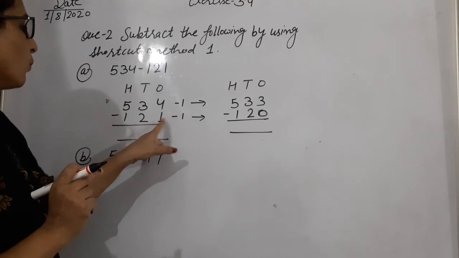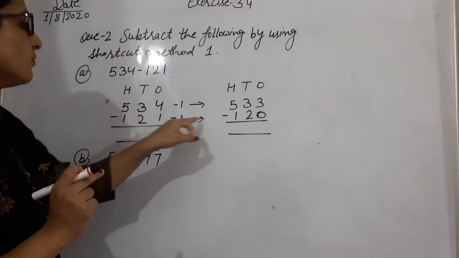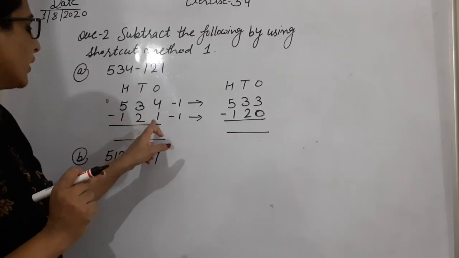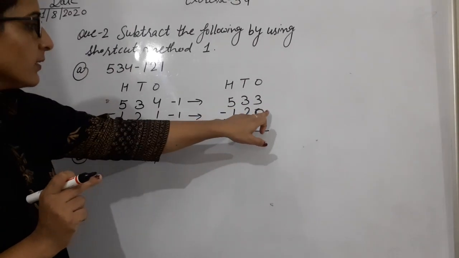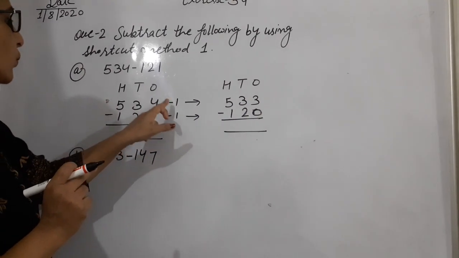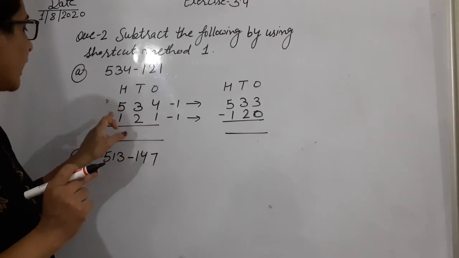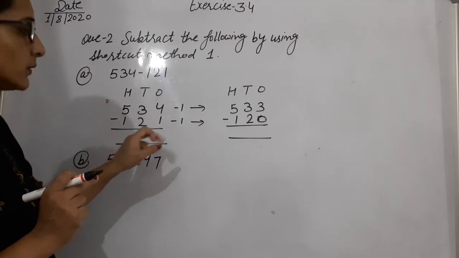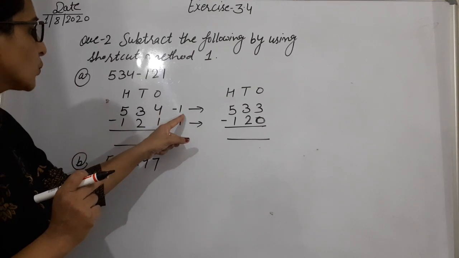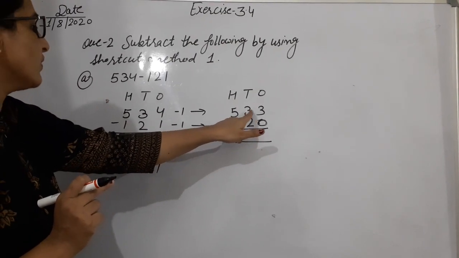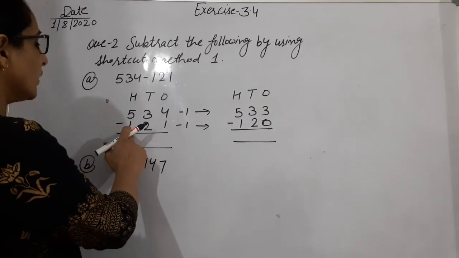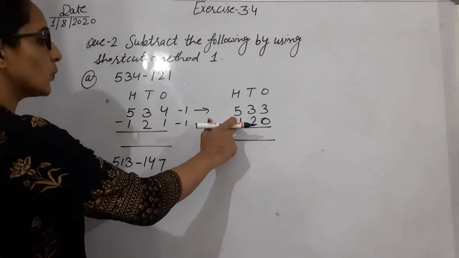By subtracting 1. If we subtract 1, we get 0 here. 121 minus 1, we get 0 here. So we subtract 1 from 534 and from 121. So 534 minus 1 is 533, and 121 minus 1 is 120.